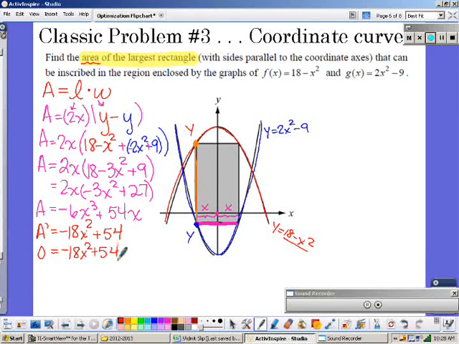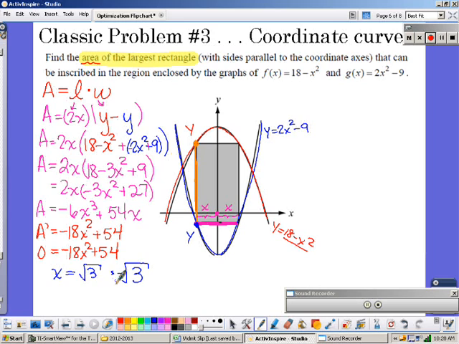Feel free to use your calculator, or to do some algebra to solve this. It doesn't matter. Either one is fine. You're going to get an x value of root 3 and negative root 3. For those of you who have decimals, it'll be 1 and change.